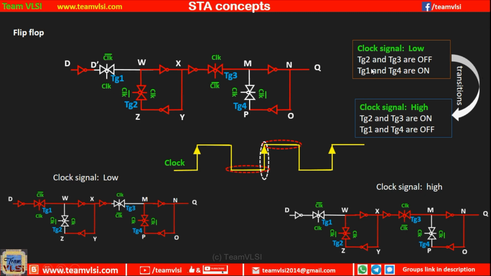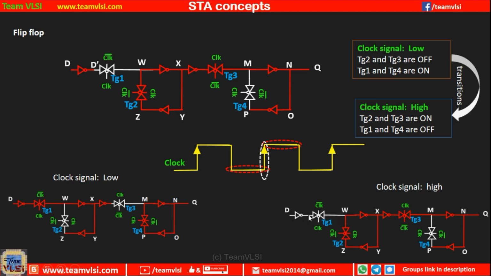That means those transmission gates which are on initially are going off, and those which are off are going on, and definitely it will take some time during this transition, and our output will change only during this transition, because as we have seen, in this duration this path is activated, Q retains the previous state, and when the clock is high, our D is no more connected.